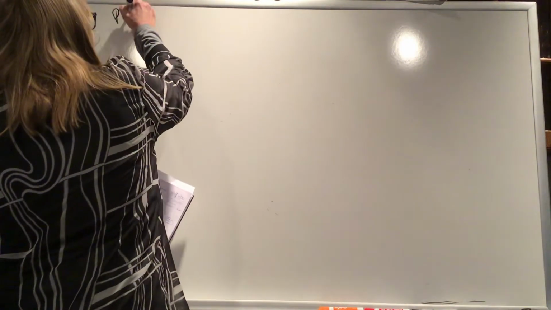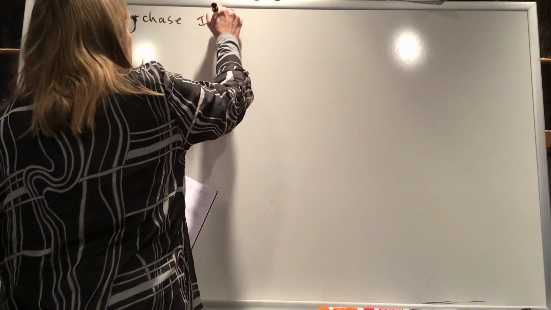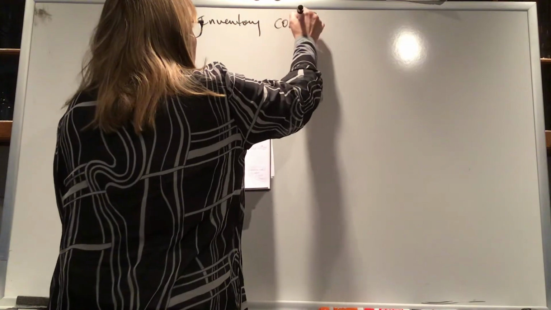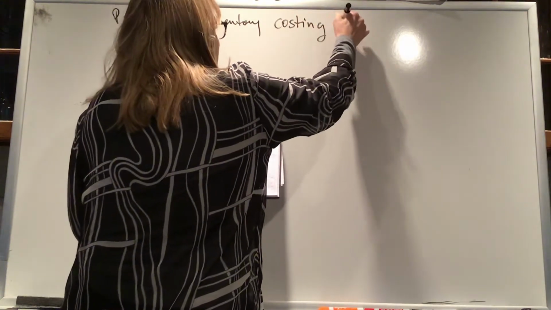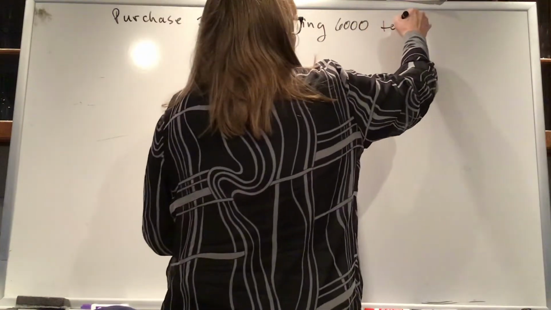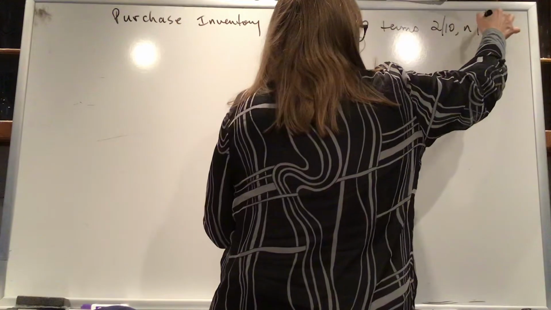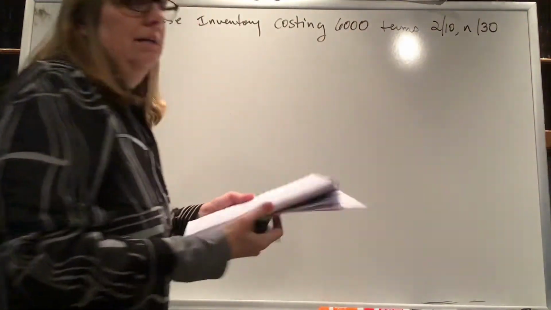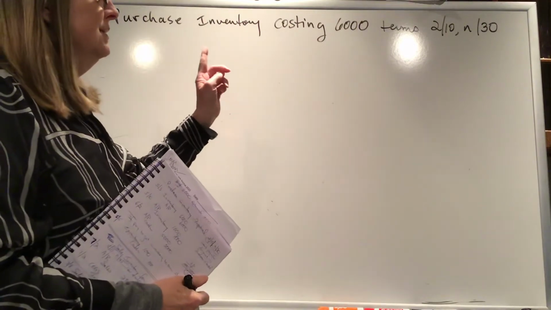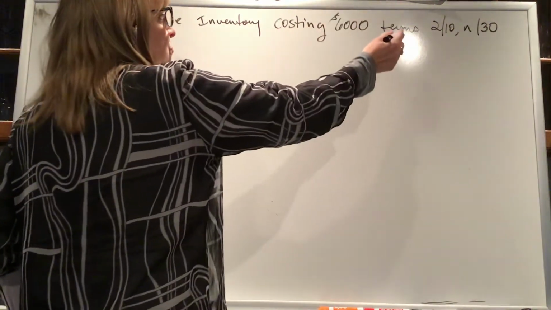Just put the problem up here. Okay, so for this problem, we purchase inventory costing $6,000, and the terms are 2/10, net 30.